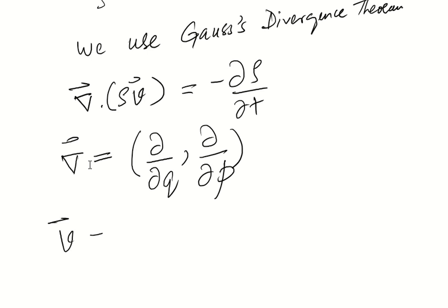V is the velocity field, that is q dot and p dot. It has two components, q dot and p dot, and this del operator has two components, partial over partial q and partial over partial p. And now we can just calculate this thing, del dot rho v, the divergence of this thing.